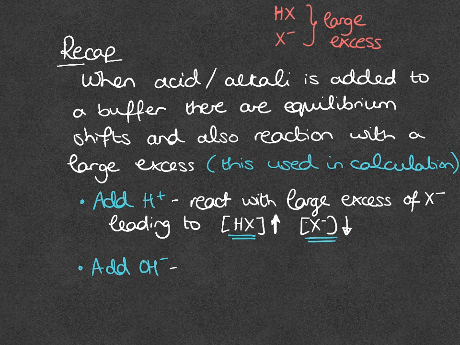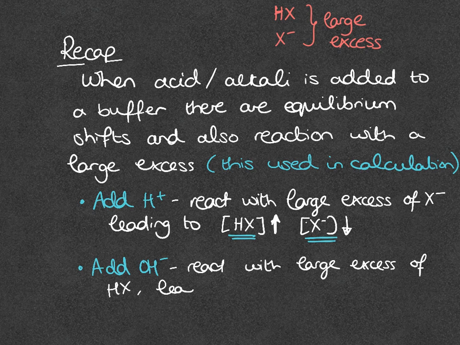And with the OH minus, they react with a large excess of the undissociated acid HX. That leads to an increase in the concentration of X minus, because the OH minus is only taking the H from the HX, and then it ends up with a decrease in the concentration of HX.